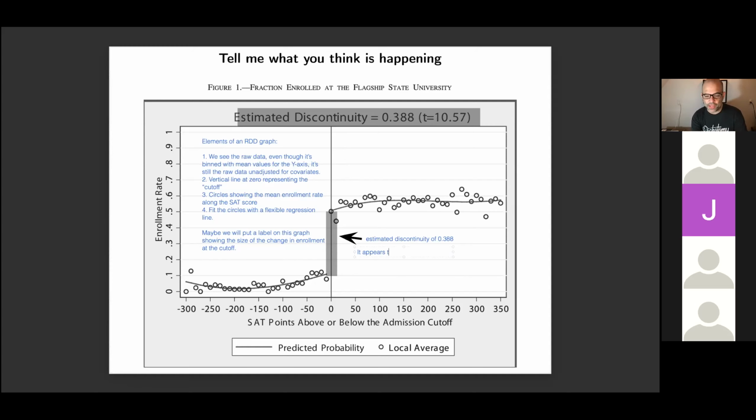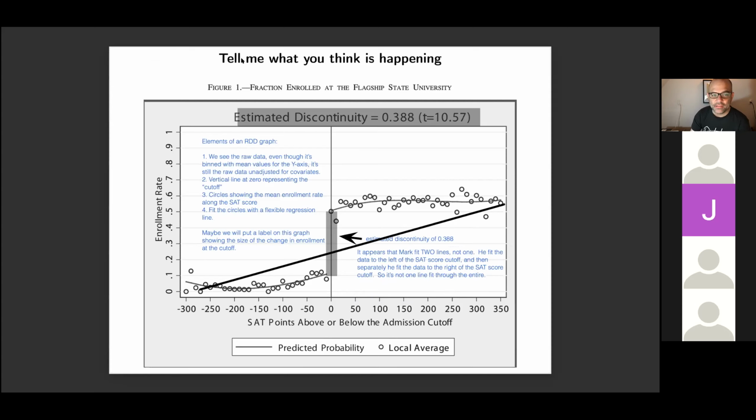it appears that Mark fit 2 lines, not 1. He fit the data to the left of the SAT score cutoff, and then separately he fit the data to the right of the SAT score cutoff. So it's not one line fit through the entire data. If he had fit one line, it might have looked like this, right? He doesn't do that.